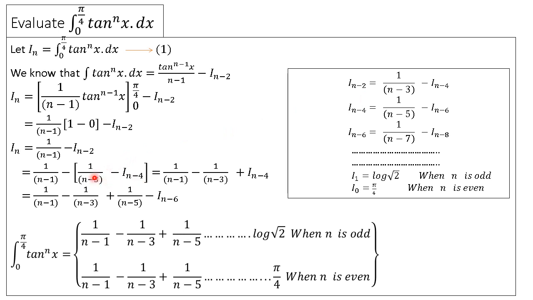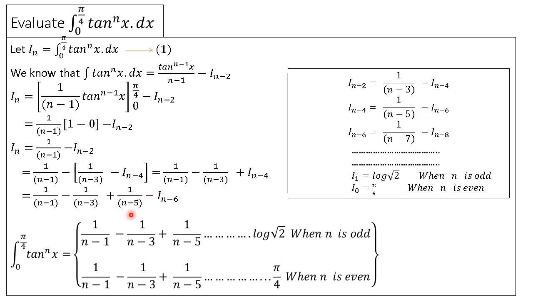Substituting this one here, you will get this equation: 1 by (n minus 1) as it is, minus, multiplying the minus, we get minus 1 divided by (n minus 3), here minus of minus, plus I_{n-4}. Next step, put I_{n-4} here. I_{n-4} is 1 divided by (n minus 5) minus I_{n-6}. You will get this one.